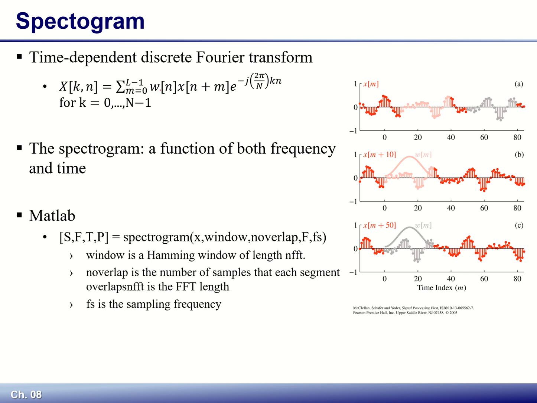If there is no window, it is 1, it will be the same as the DFT. But we consider a limited number of time domain samples, and this is called a time window.